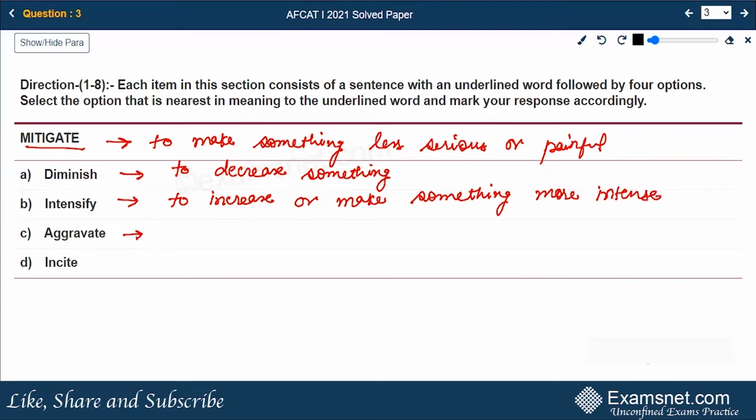Aggravate means to make the problem or the situation more serious.